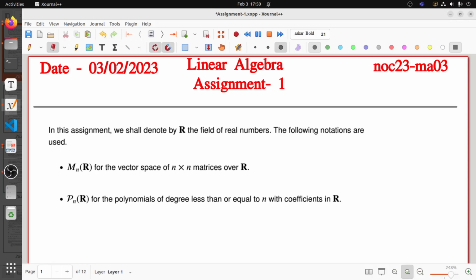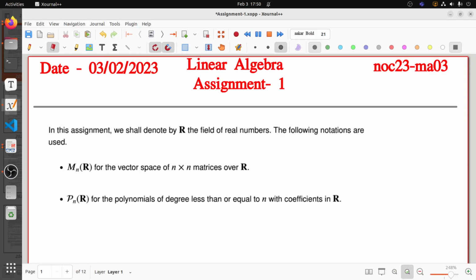Now for any polynomial, we have defined P star to be P of minus x. Now you have to check which of the following are subspaces of P3. Right, so let's check one by one. So P belongs to P3 of R, polynomial of degree less than or equal to 3. And what is SP?